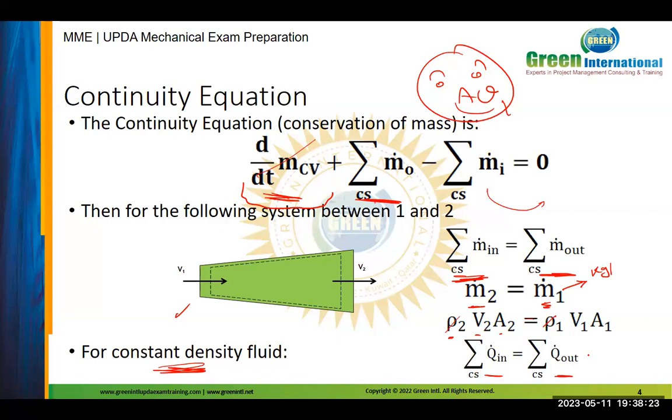CFM. What's CFM? Cubic feet per minute, cubic feet per second. What else? LPM, liter per minute, liter per second, LPS. What else? We can find meter cubed per second, meter cubed per minute. What else? GPM, gallon per minute. So there are a lot of different types of units.